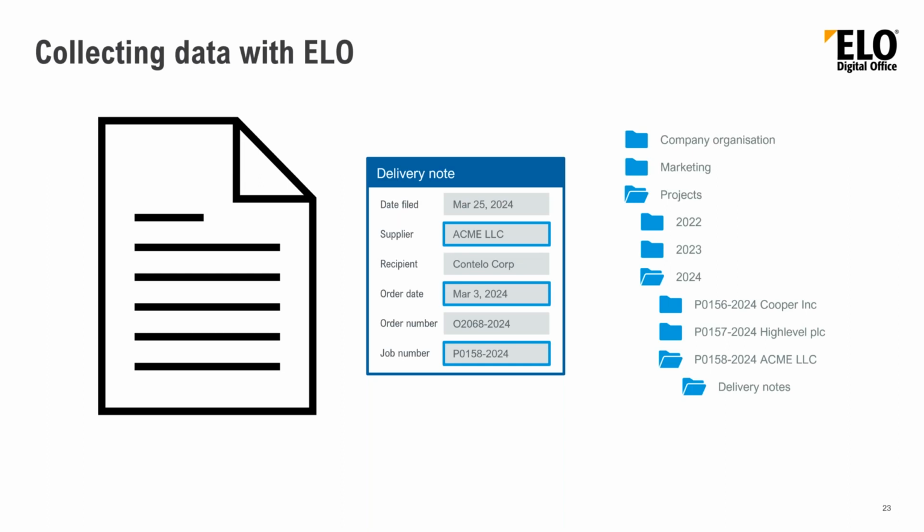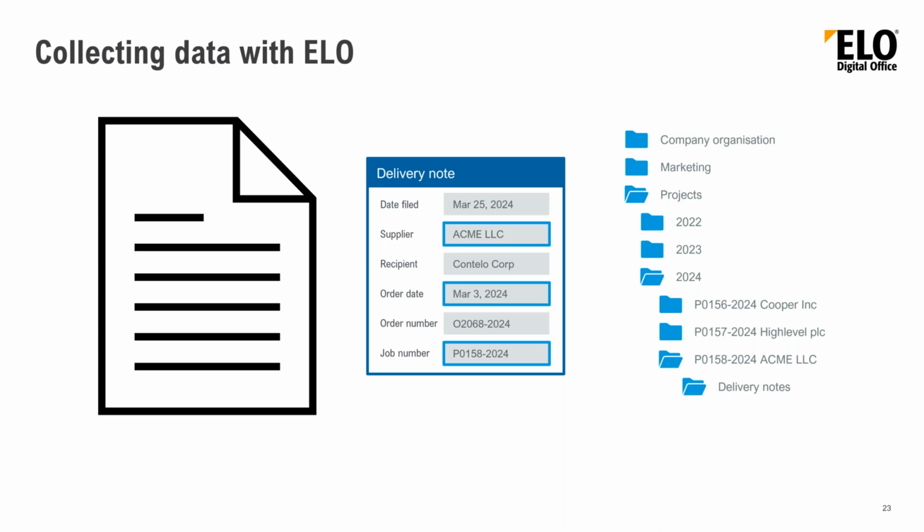So we can file the document with the information of the supplier, the order date, and the job number. And in my case, it is filed in a folder which is located in projects 2024. Then we have the project number P0158-2024 ECME LLC. And then there is a folder which is called delivery notes.